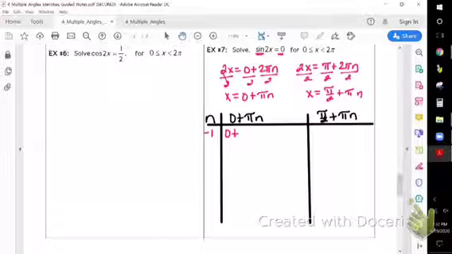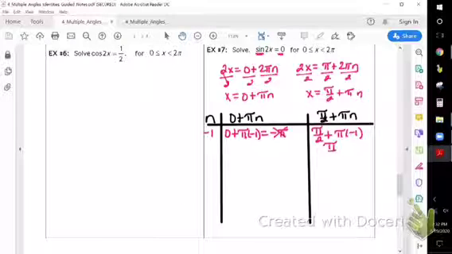So 0 plus pi times negative 1. It's just going to give me negative pi. Alright, and so negative pi is too small. So plug in negative 1 to the other equation. So it gives us pi over 2 minus pi, which is a negative pi over 2. Again, that's negative. It's not going to be between 0 and 2 pi, so it is too small.